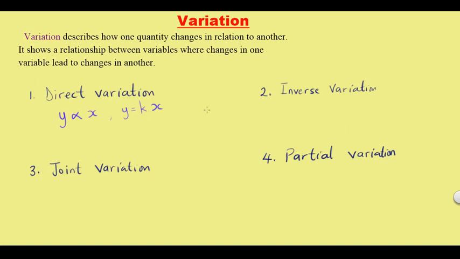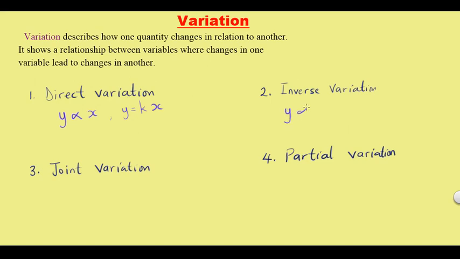For inverse variation, this occurs when one variable increases while the other decreases, in such a way that their product is constant. What are we saying here? Let's say we have a particular variable y.